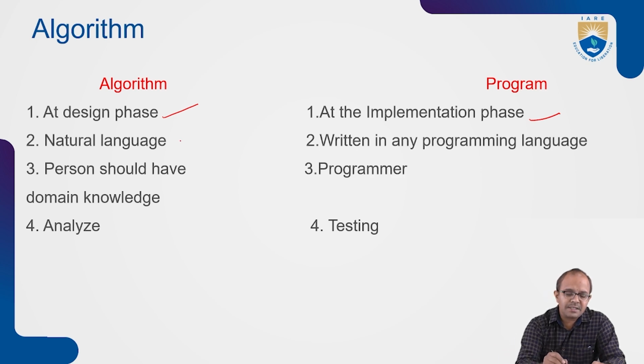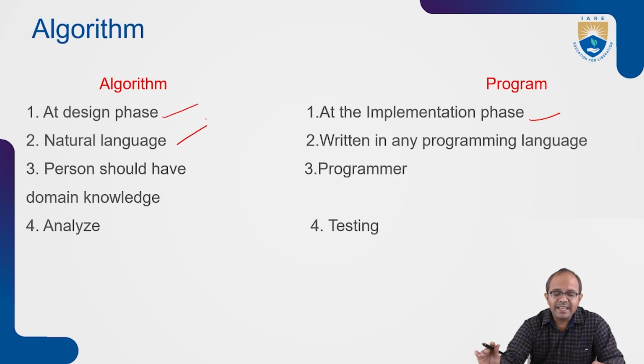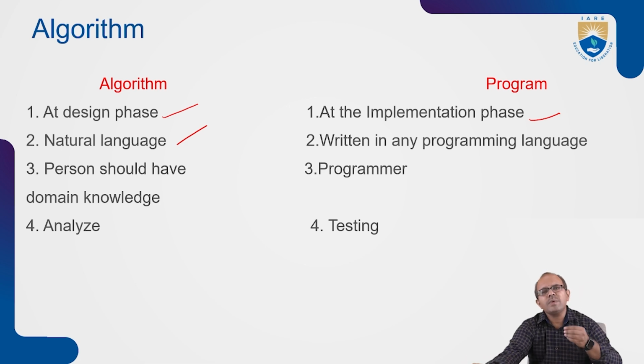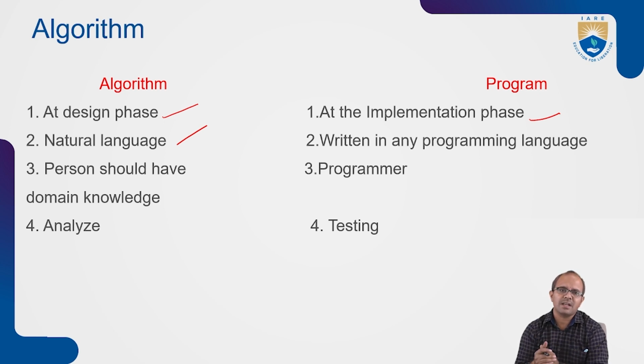And the algorithm is generally written in any general natural language. It does not require any syntax. It does not require any programming structures. The way we speak, the general way we write any English sentence, with that you can design the algorithm. It's an idea. Algorithm is nothing but an idea.